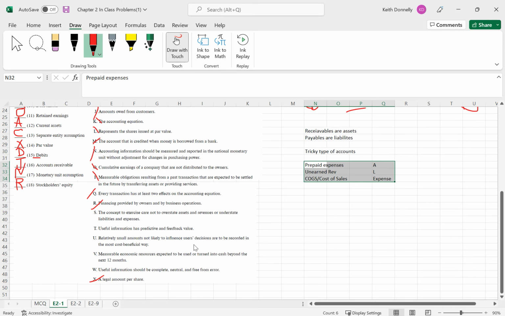And then the next one here is measurable economic resources expected to be used or turned into cash beyond the next 12 months. Those would be non-current assets. And then W, where it says useful information should be complete, neutral, and free from error. This is really just saying that it should be faithfully represented and accurate, right? We don't want issues and errors with it.